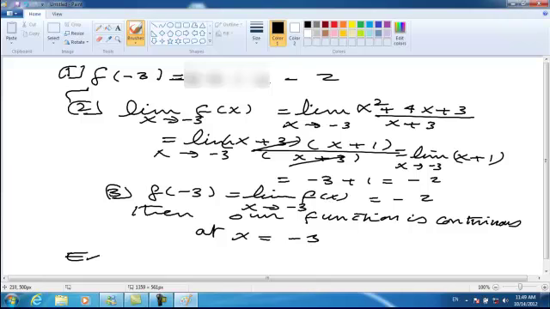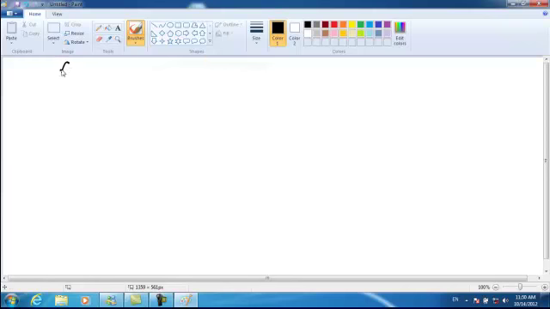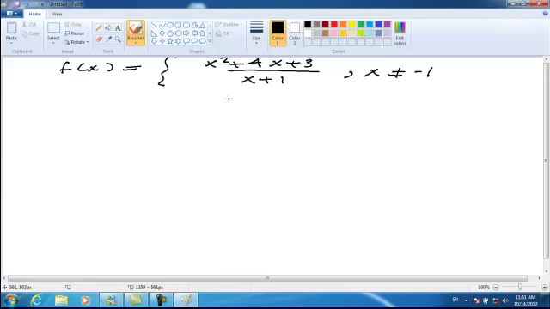Another example, example 2. If f of x equals a piecewise function: x squared plus 4x plus 3 divided by x plus 1, x does not equal minus 1; x plus 2, x equal minus 1, at x equal minus 1.